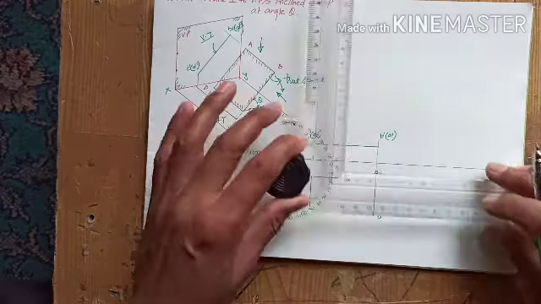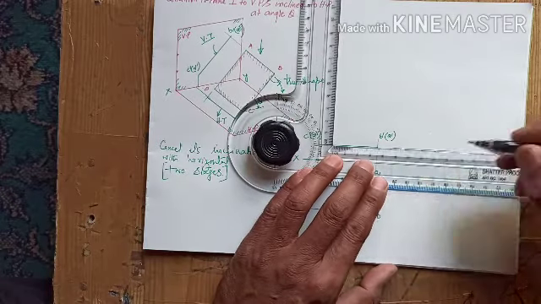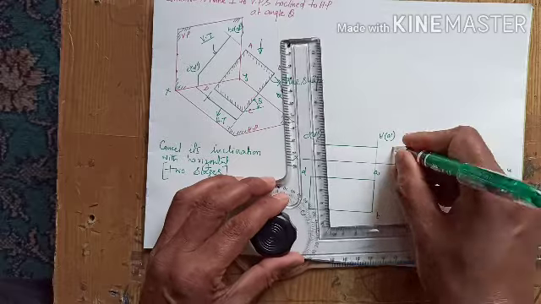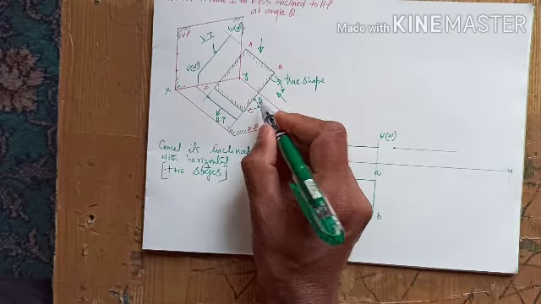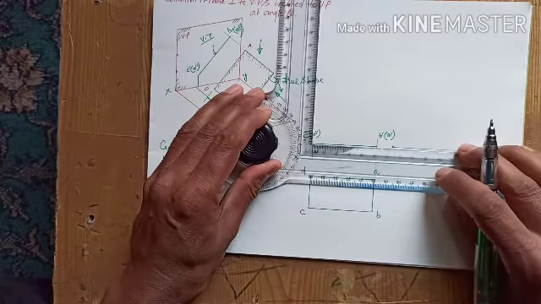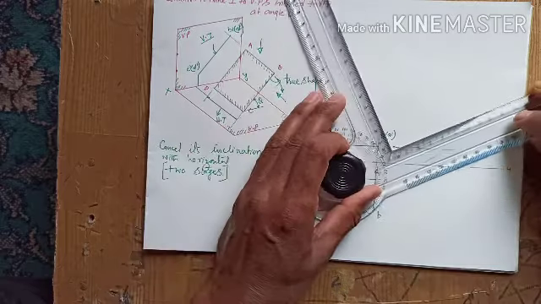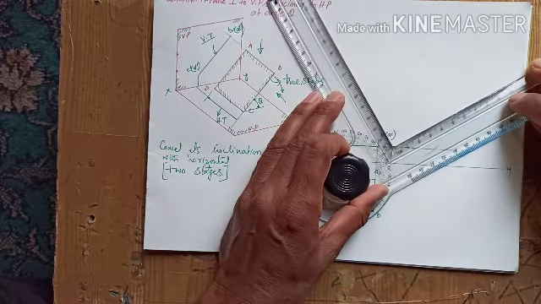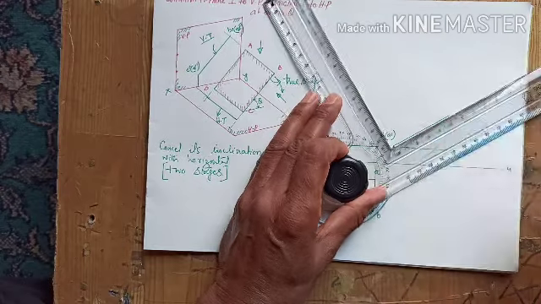This theta will be given in the question. So we can produce this line a little, then keep a protractor here to measure this angle, keeping the same length. If this is 5 centimeters, the theta will be given, which can be measured with the help of a protractor.